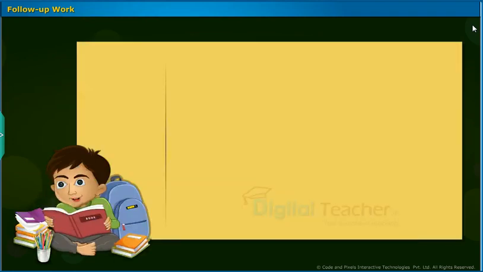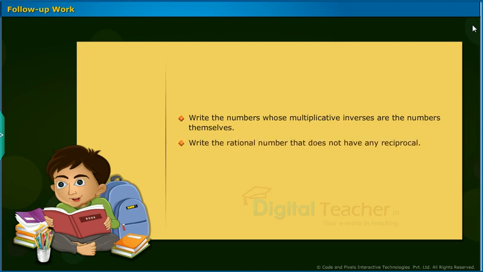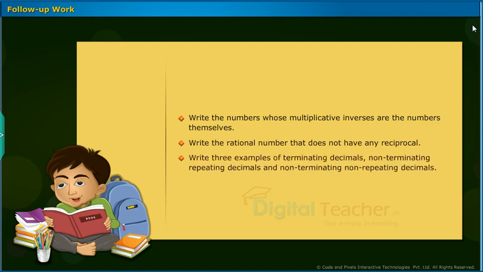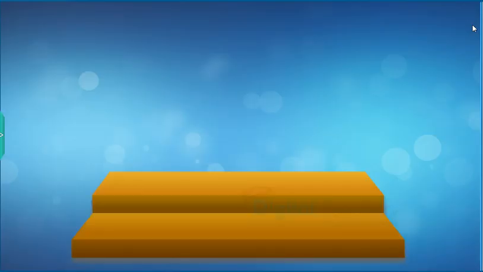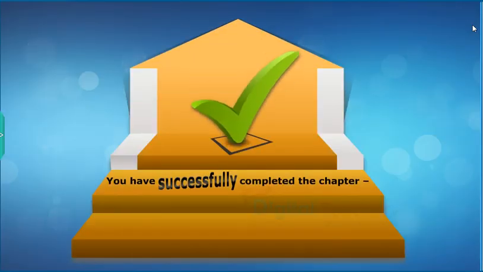Write the numbers whose multiplicative inverses are the numbers themselves. Write the rational number that does not have any reciprocal. Write 3 examples of terminating decimals, non-terminating repeating decimals, and non-terminating non-repeating decimals. You have successfully completed the chapter Rational Numbers.